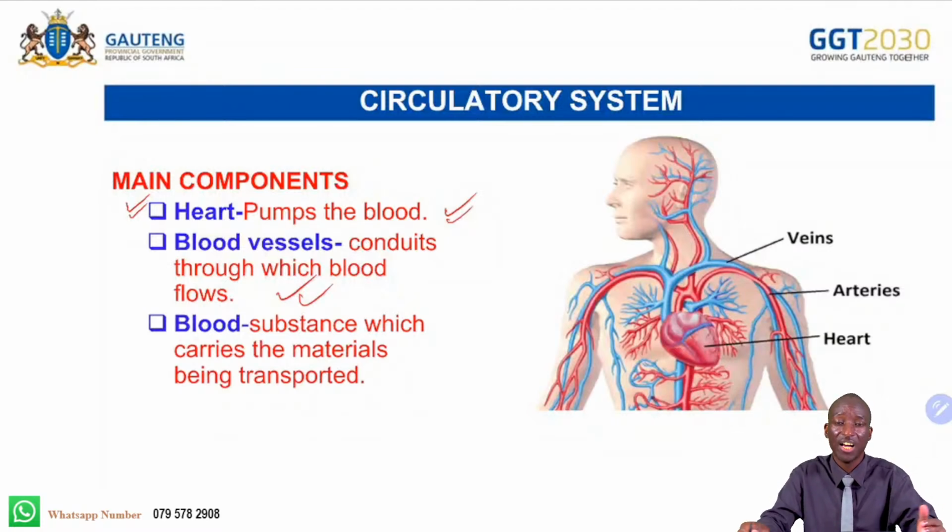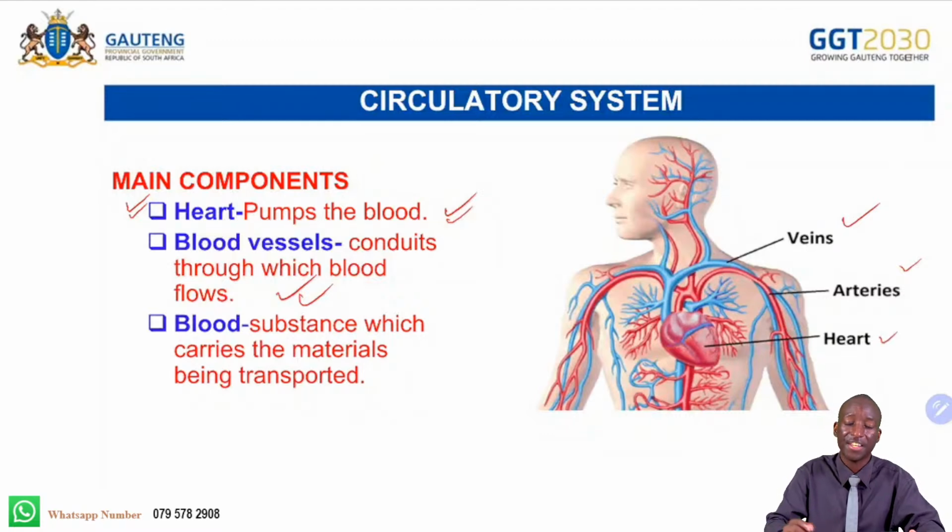Shown on the diagram, we have a diagram showing the types of blood vessels. We've got the veins, and we'll talk about these in detail, and the arteries as well. And then, of course, the heart is being shown there.